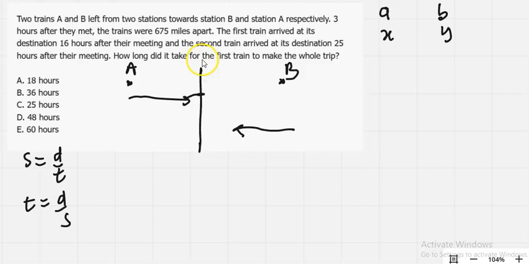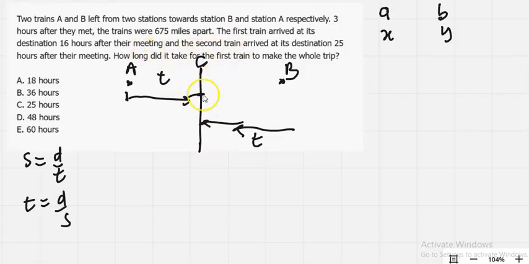Let's say they meet at point C. It will take train A time T to get to point C. It will also take train B time T to get to point C.